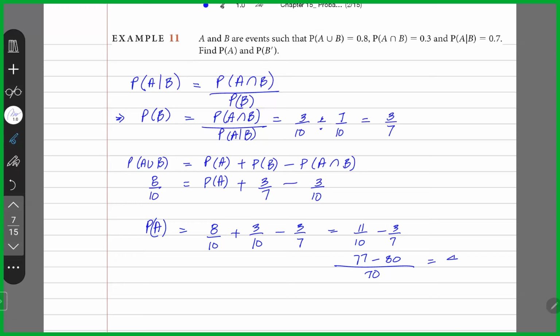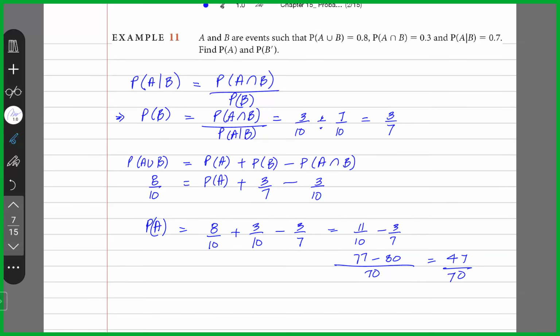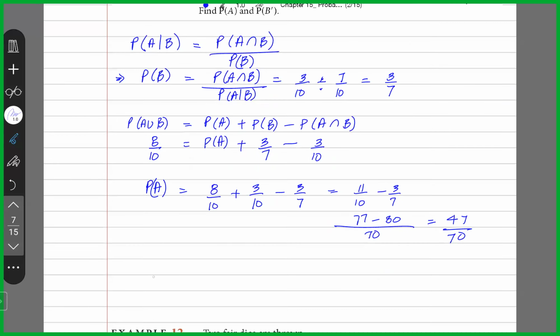This is 47/70. So that's the probability of A. Now the probability of B complement, well, that's not hard. The probability of B complement is equal to 1 minus the probability of B, which is 1 minus 3/7. So this is 4/7.